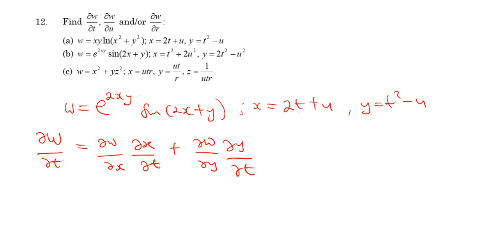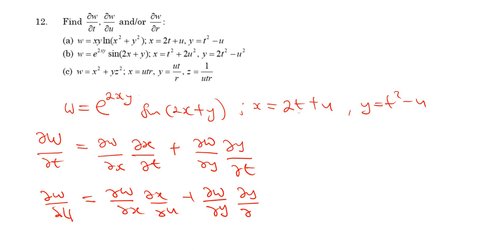Then for the u, partial of w over partial of u is just going to be partial of w over partial of x times partial of x over partial of u, plus partial of w over partial of y times partial of y over partial of u.